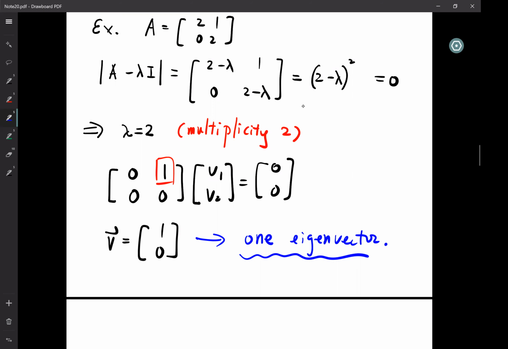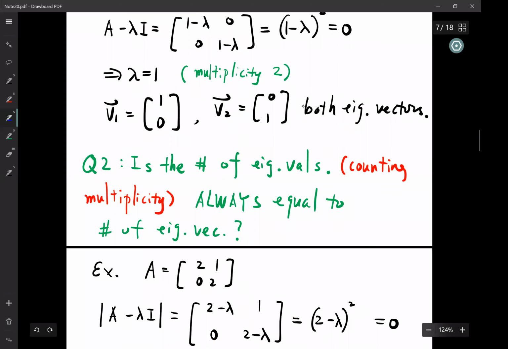But what it means is I couldn't find two linearly independent eigenvectors. What's going on? We'll study this a little more systematically later. But for the moment, let us just say that we have concluded, using a concrete example, that the answer to Q2 is also negative.